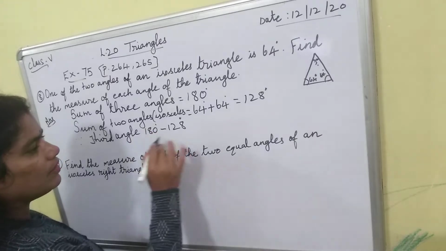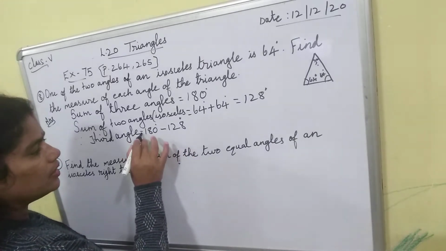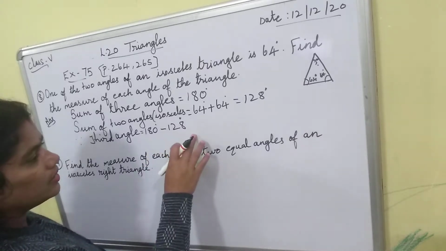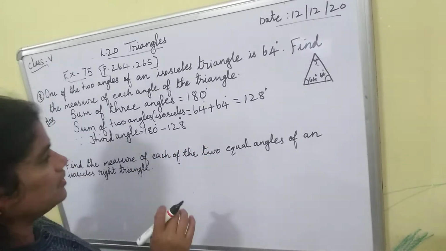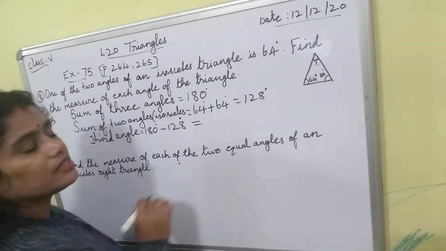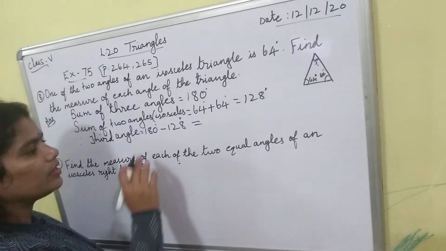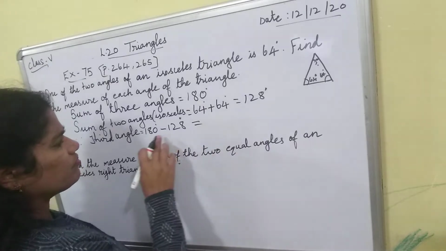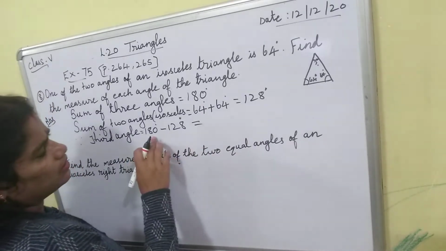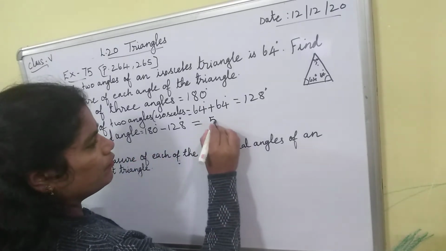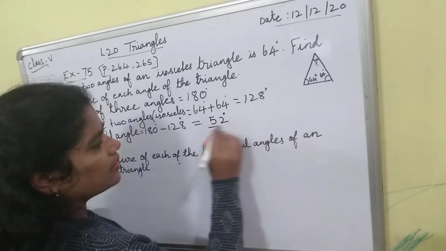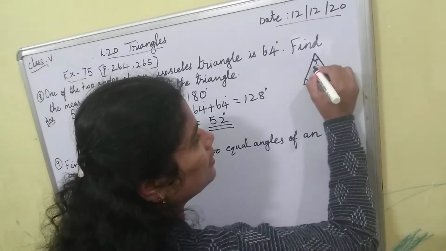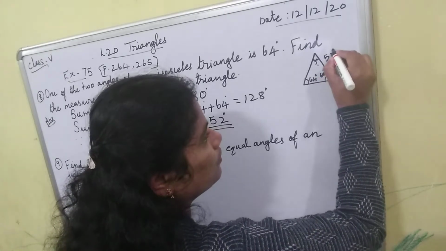Okay, so what will we get? Third angle equal to 180 degrees minus 128 degrees equal to, what is the answer? You will get 52 degrees. So what is the third angle we got? 52 degrees.